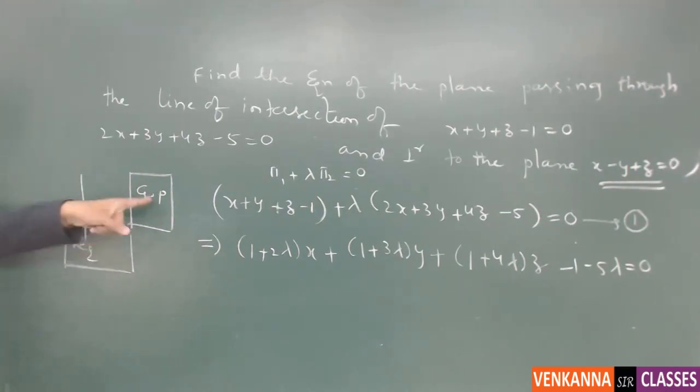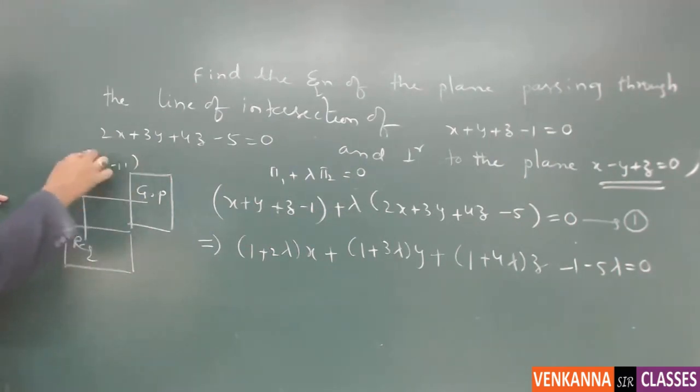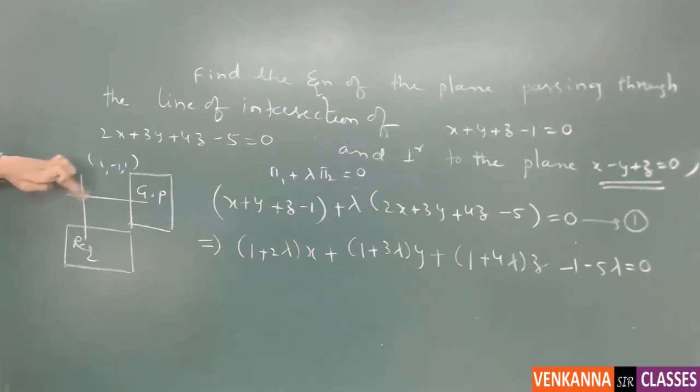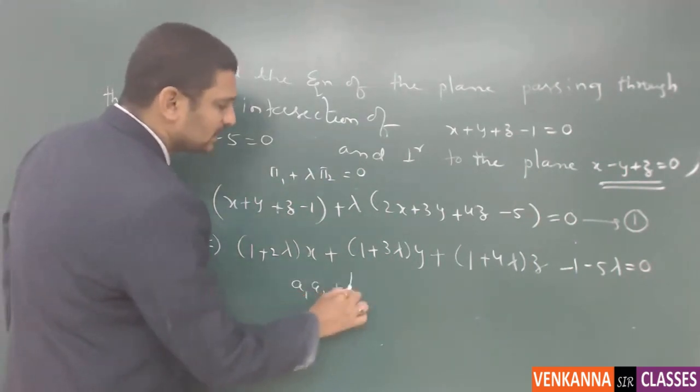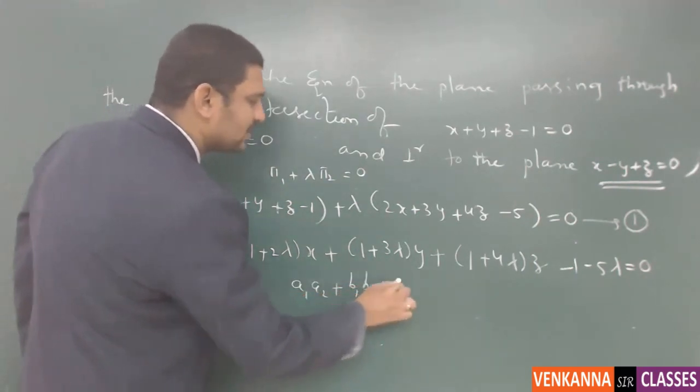And similarly, for the given plane, if you consider the normal, its drs are nothing but the coefficients 1, minus 1, 1. Since the two planes are perpendicular, their normals are perpendicular, so the drs of the normals satisfy the condition a1 a2 plus b1 b2 plus c1 c2 is equal to 0.